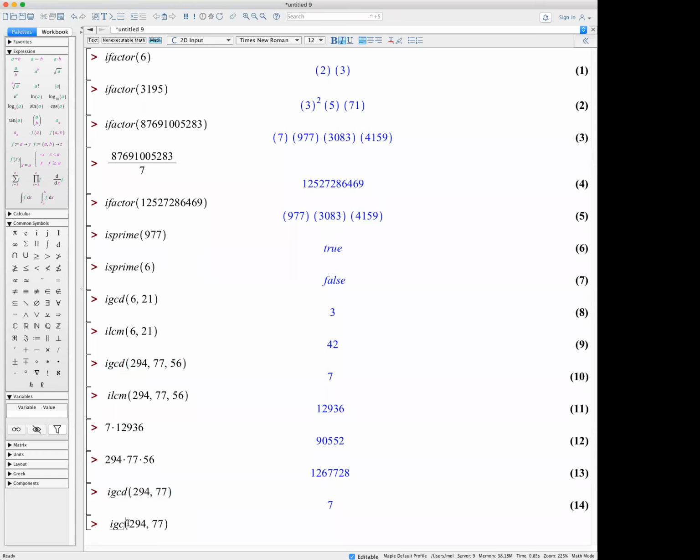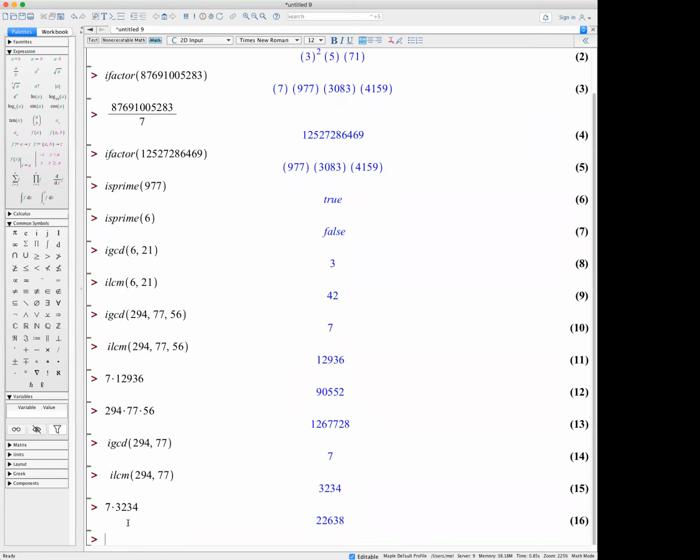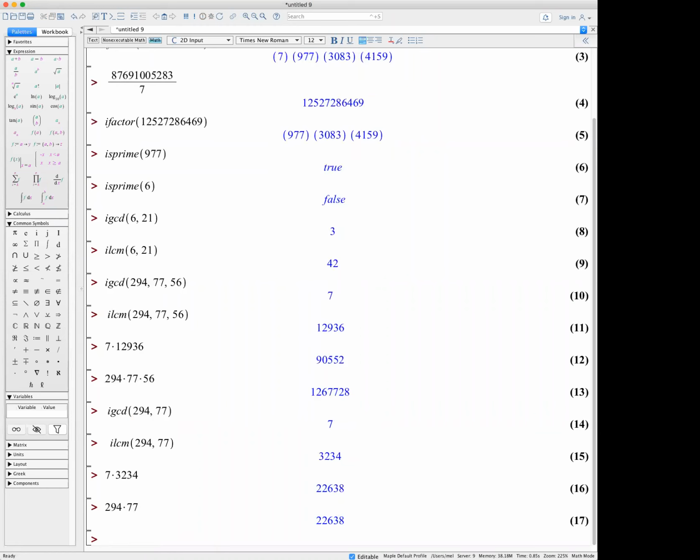And the LCM is 3234. And 7 times 3234 is 22,638. And if I take 294 and multiply it by 77, I also get 22,638. So the statement that the product of the GCD and LCM equals the product of the numbers is true when you have 2 numbers, but it's not necessarily true for more than 2 numbers.